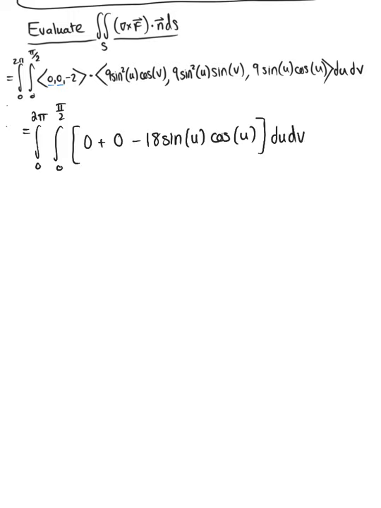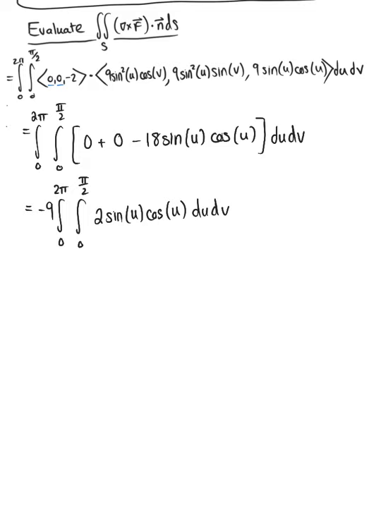Look at how lovely that is. I'm going to rewrite this by factoring a negative 9 out: minus 9 times the integral from 0 to 2 pi, the integral from 0 to pi over 2, and what's left is 2 sine of u cosine of u du dv.